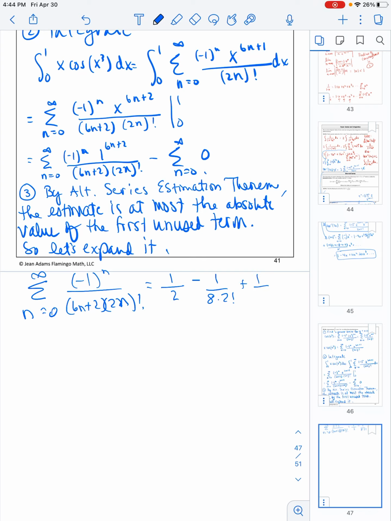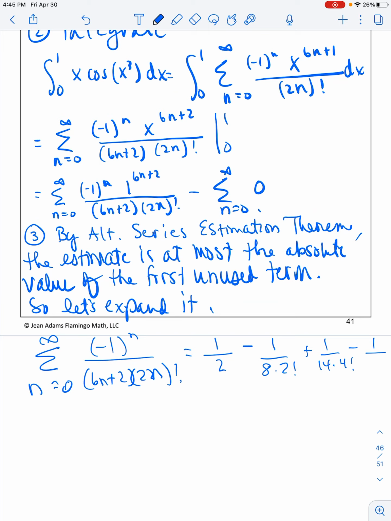You might want to, before you start simplifying, write 8 times 2 factorial at first. And so when n is 2, you get positive 1 over 14 times 4 factorial. And then when n is 3, you get negative 1 over 20 times 6 factorial. And you could say plus dot dot dot.